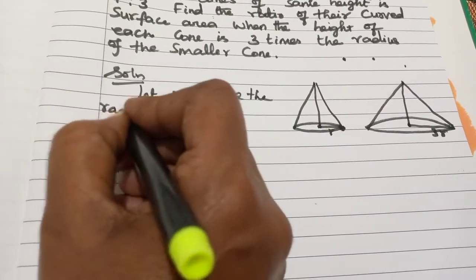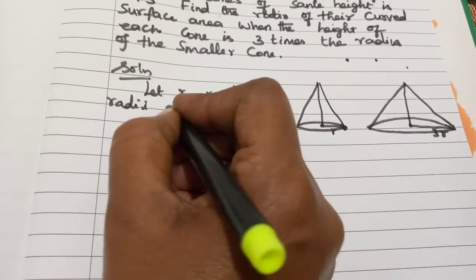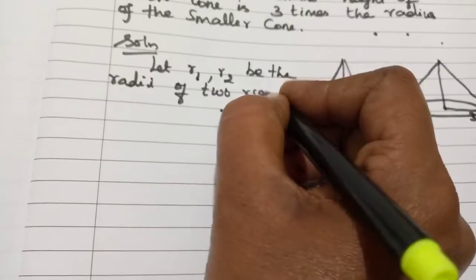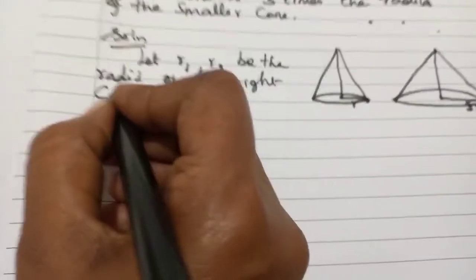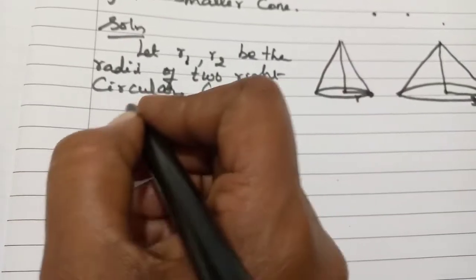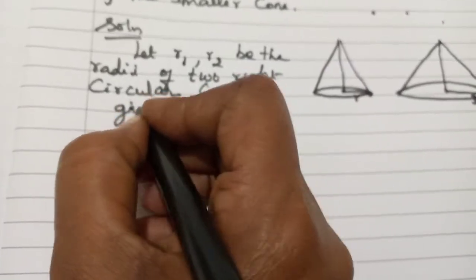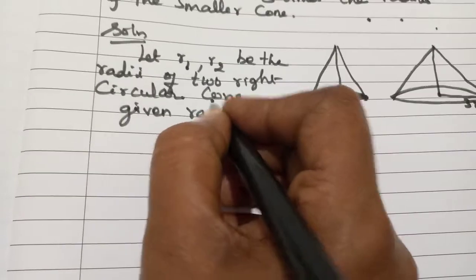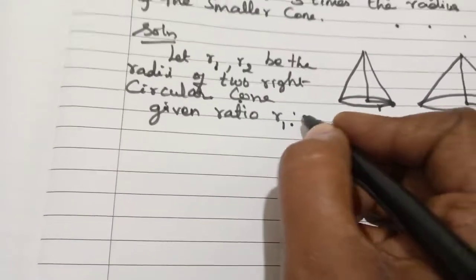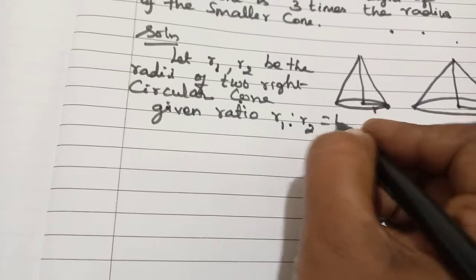Let R1 and R2 be the radii of the two right circular cones. The given ratio is 1:3, so it can be written as R1 is to R2 equal to 1:3.